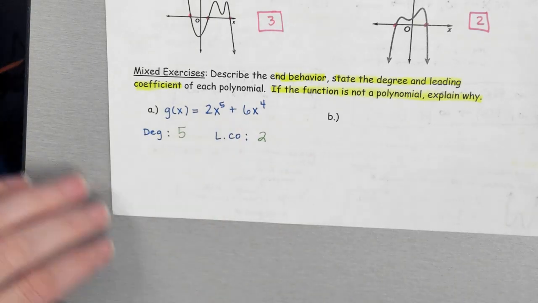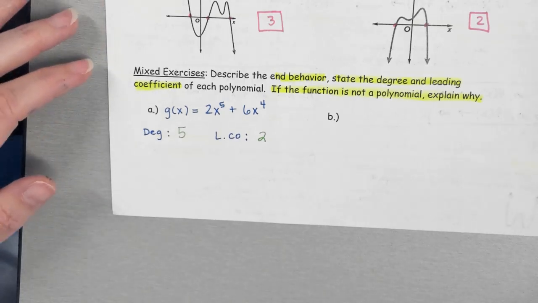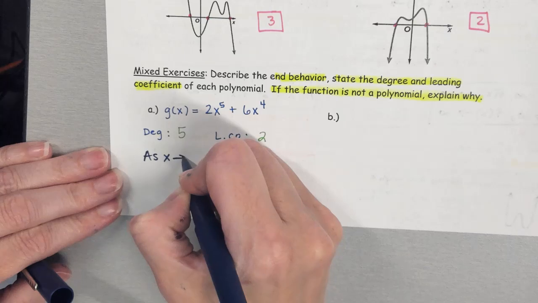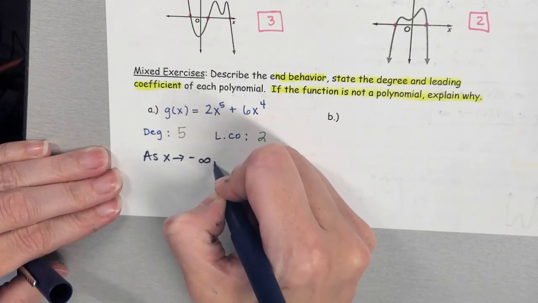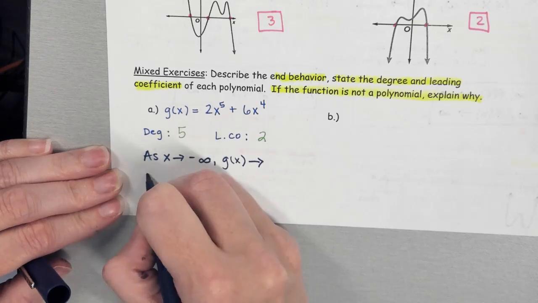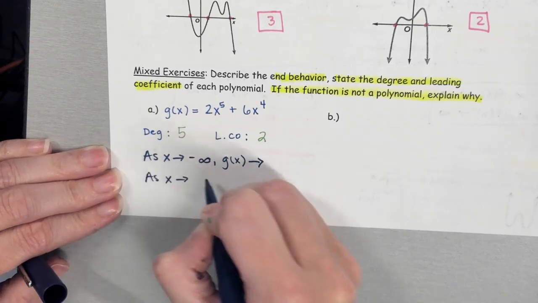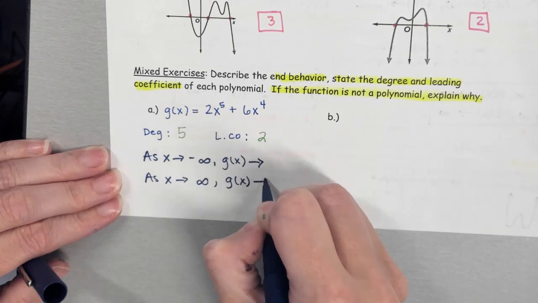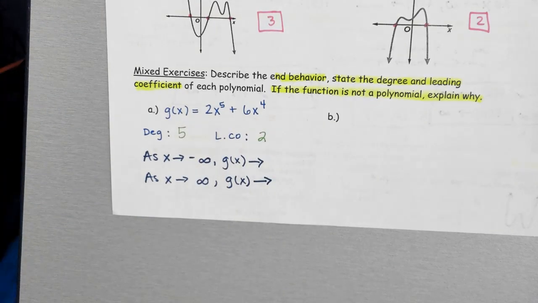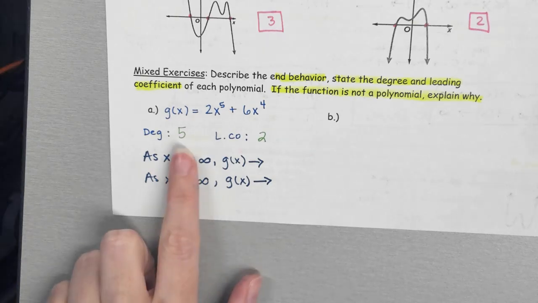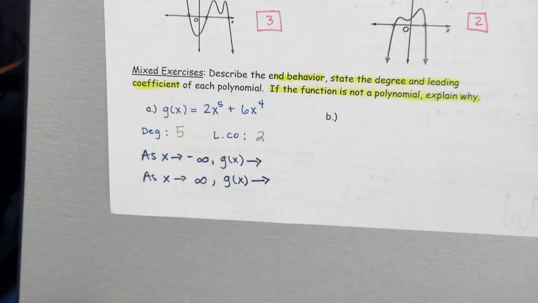Okay, now when you're writing your end behavior, remember how we talked about you can always start it like this: as x goes to negative infinity, and then this is called g of x, so we'll say g of x goes to, and this is as x goes to positive infinity, g of x goes to. Okay, so then all we have to do is assess what we've already found.